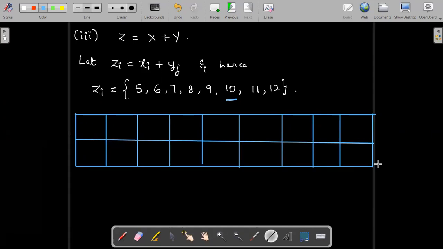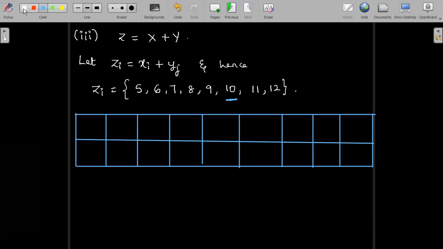So let us now fill all the respective values. That is, we have z and p of z probabilities. Okay. So z takes the value 5, 6, 7, 8, 9, 10, 11 and 12. And only for z is equal to 10, the probabilities were repeated.